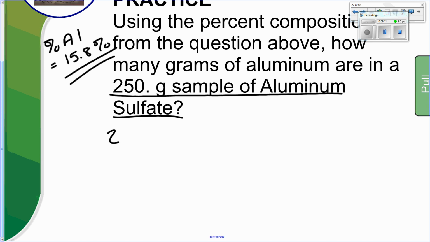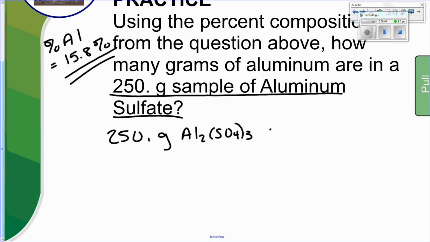So you know that you've got 250 grams of aluminum sulfate. And you're going to just multiply that by the percent of it that's aluminum, in the same way that if I told you, you have 100 kids and 25% of them were going to the basketball game, you would take 0.25 times 100 and end up with 25 kids.